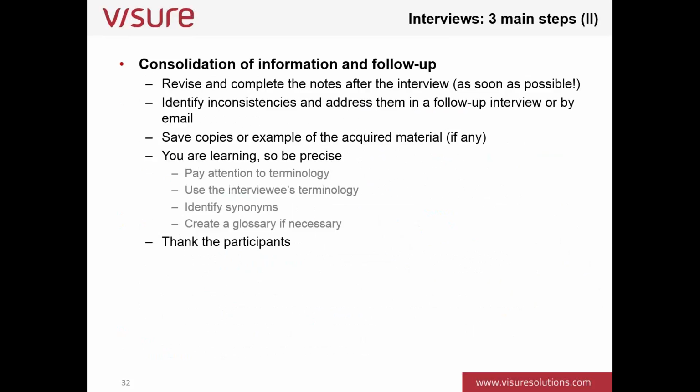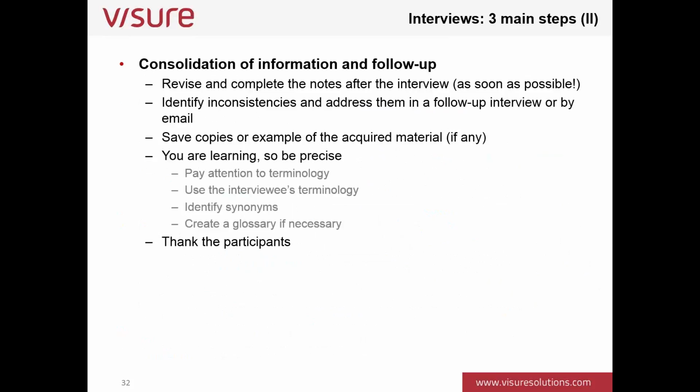And finally, the last step of the interview is the consolidation of information and the follow-up. We have to revise and complete the notes of the interview as soon as possible, because the longer you wait, the easier it is to forget something. Identify inconsistencies and address them in follow-up interviews. Maybe this user tells you this and that user tells you that, and those are not compatible.